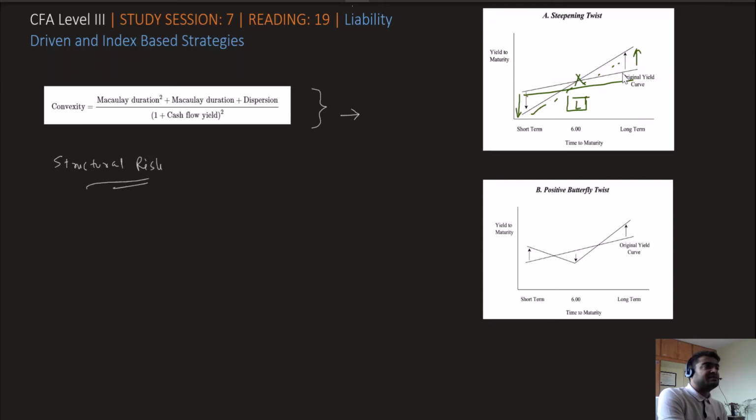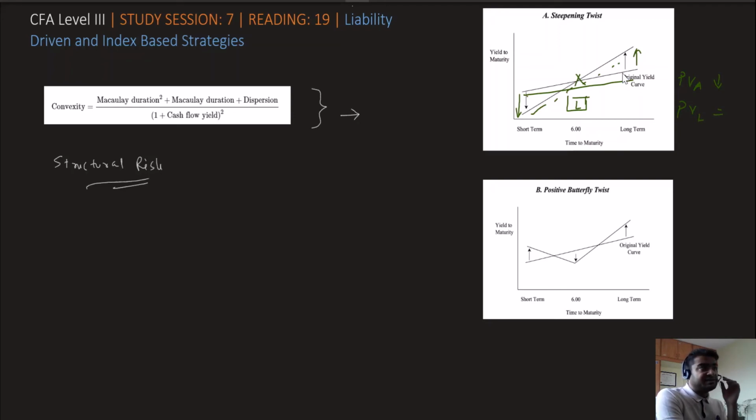However, since the rates on the longer end of the curve are increasing, the value of the portfolio is declining, right? However, there is a positive effect on the short-term side, but the long-term effect actually exceeds the short-term effect, which means that in a steepening twist the present value of the assets is declining, while the present value of liabilities remains the same.